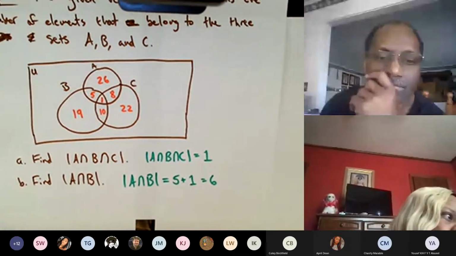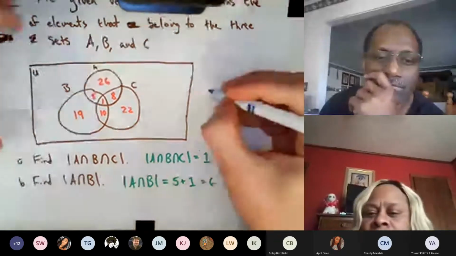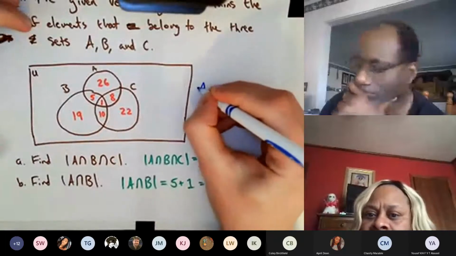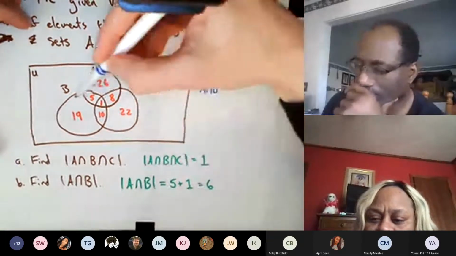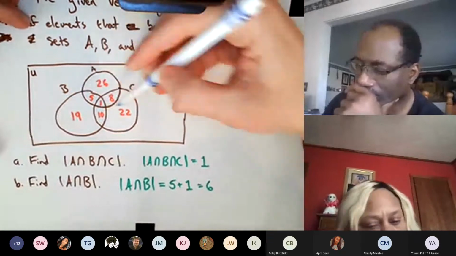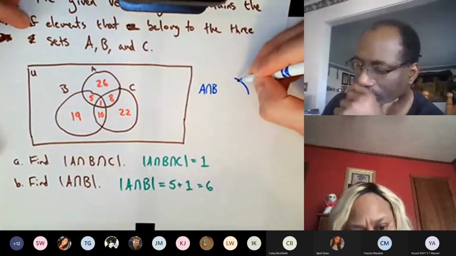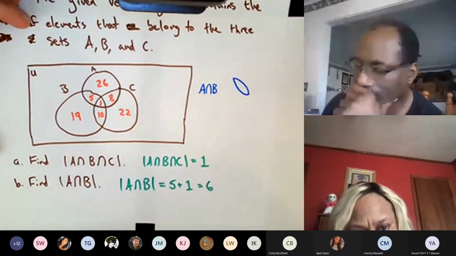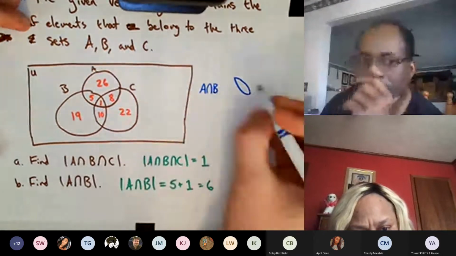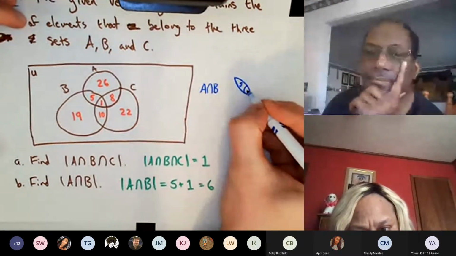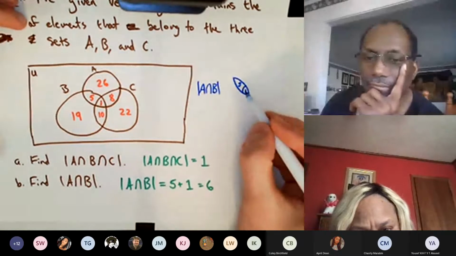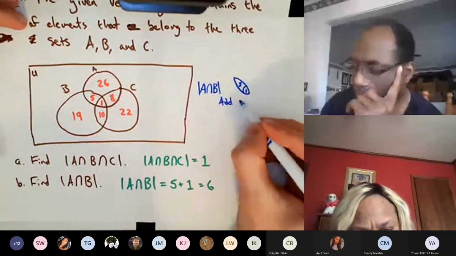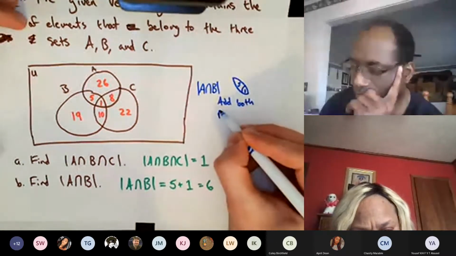A intersect B as a picture is this little flower petal looking thing, this little oval right there. And it's split into the 5 and the 1. So if you want the cardinality, you have to add both pieces.